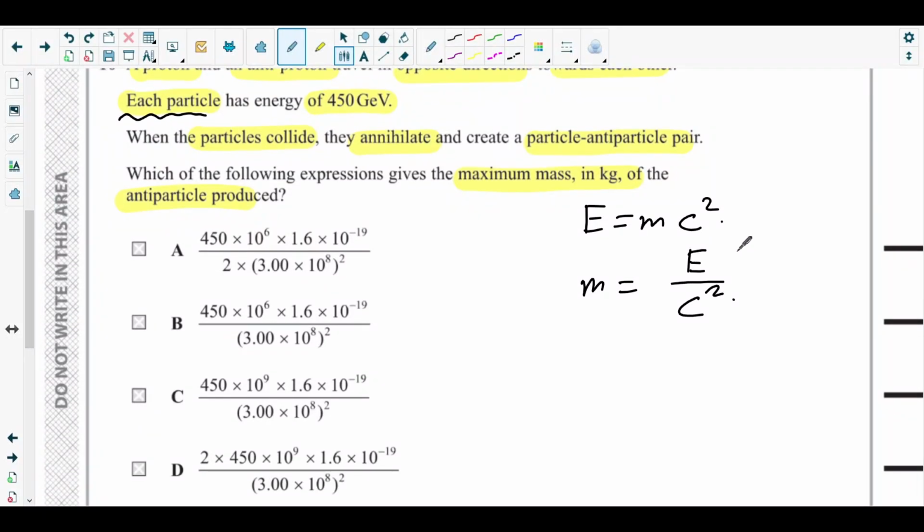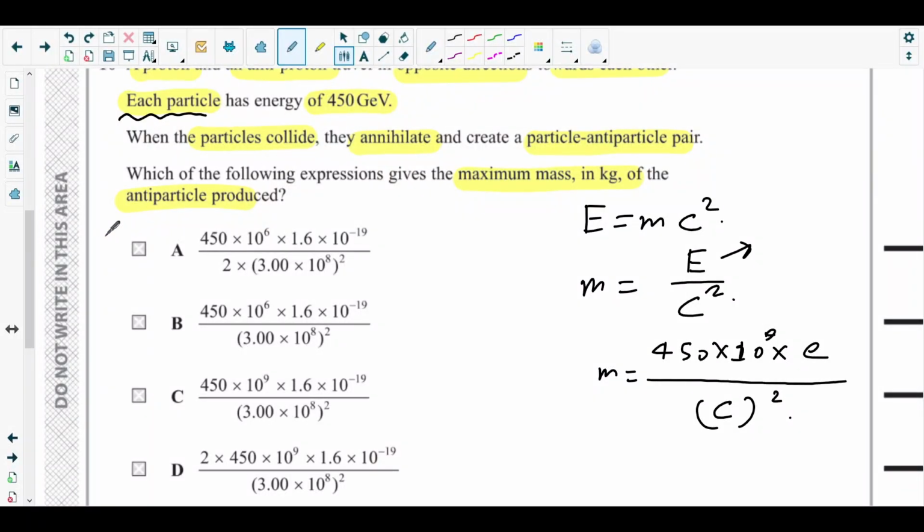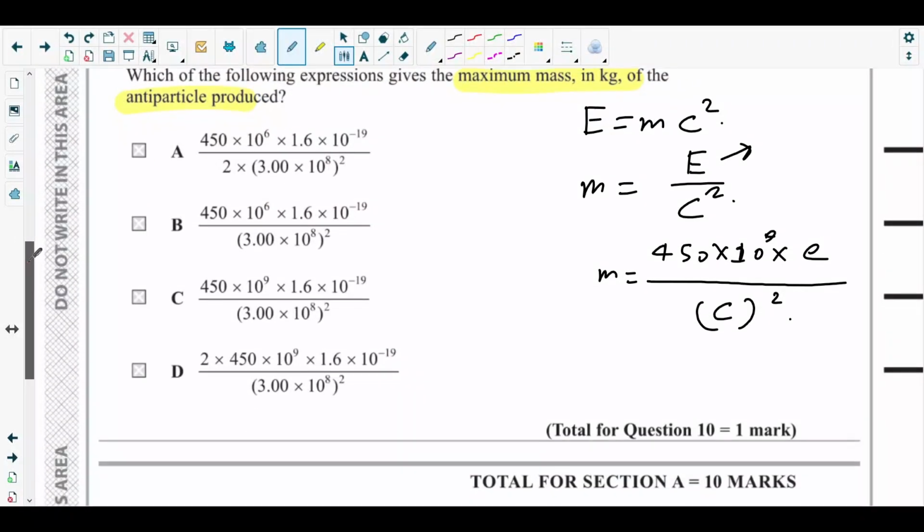So in place of E, it should be 450 giga-electron-volt. So 450 giga-electron-volt is 450 times 10 to the power 9 times electron-volt, times the charge of an electron, 1.6 times 10 to the power minus 19 coulomb, over c squared. c squared is the speed of light in vacuum whole squared. So which of the options is similar to this one?